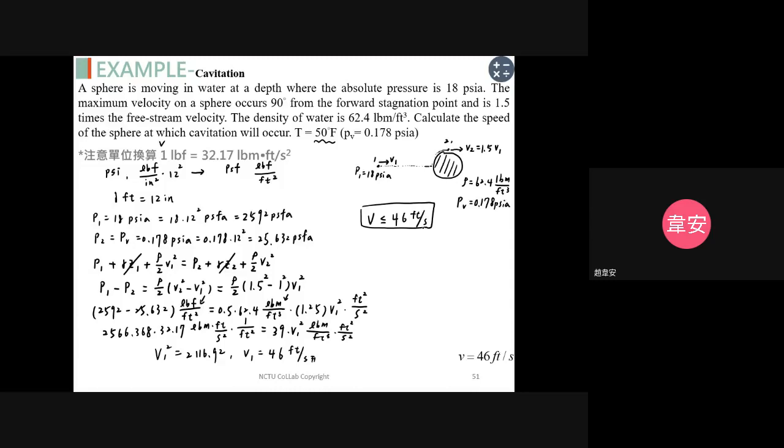Another is the Bernoulli equation. So combining the two equations, you can answer problems like cavitation, or try to understand the velocity changes at different cross-section areas.